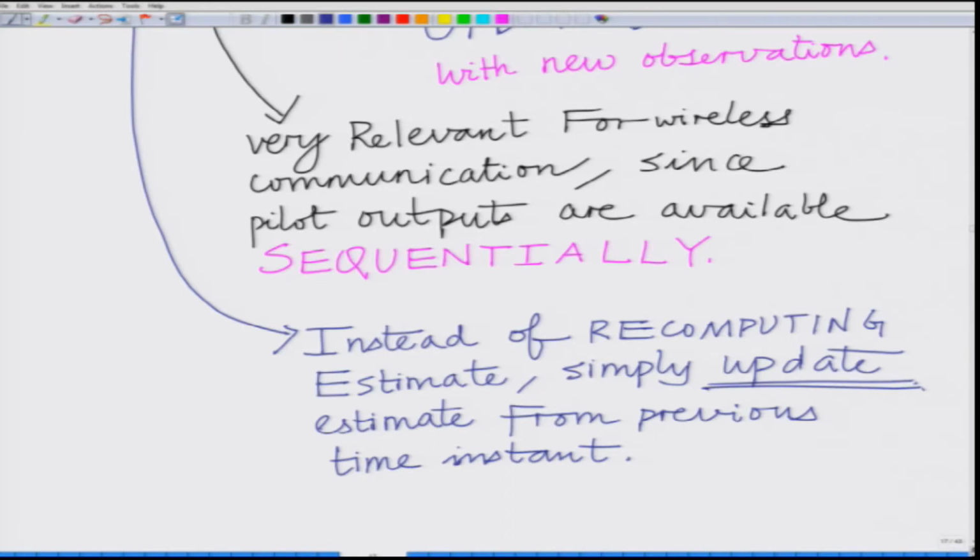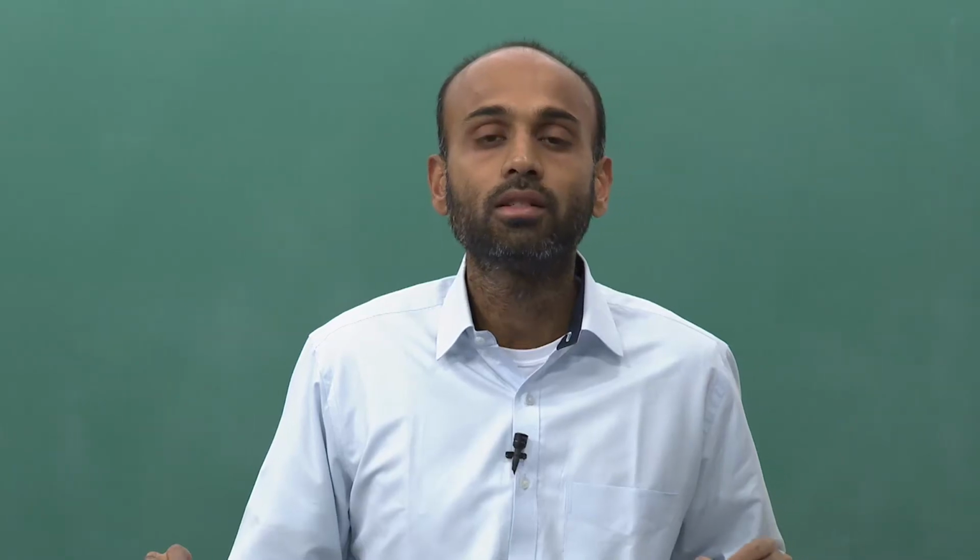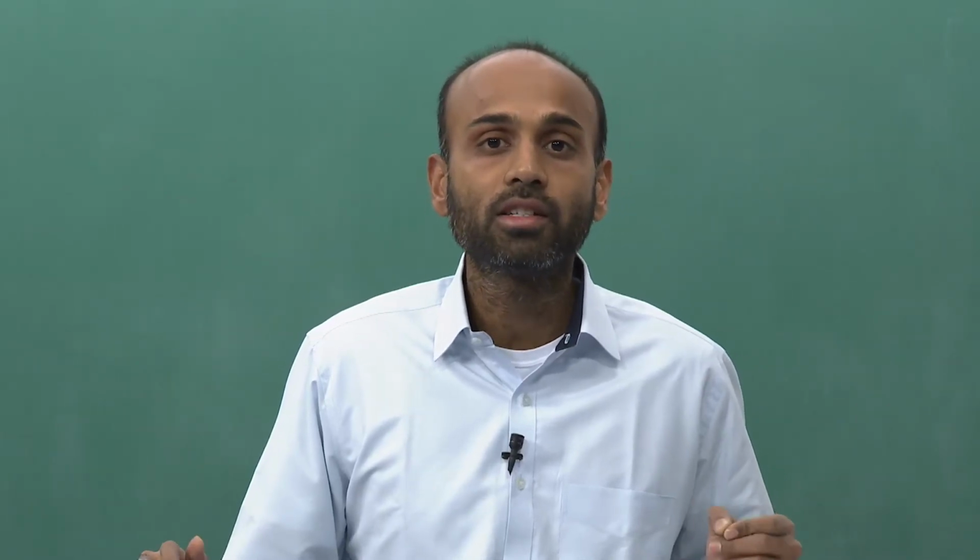To understand this, let us go back to our example, an estimation scenario that we have already considered. Let us go back to our channel estimation, where we are estimating the fading wireless channel coefficient.